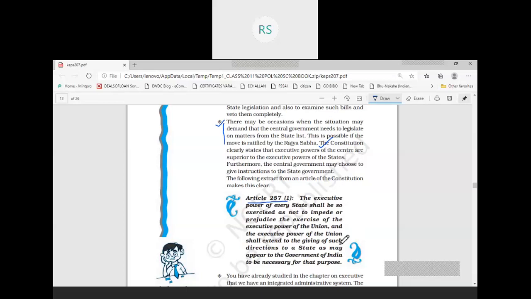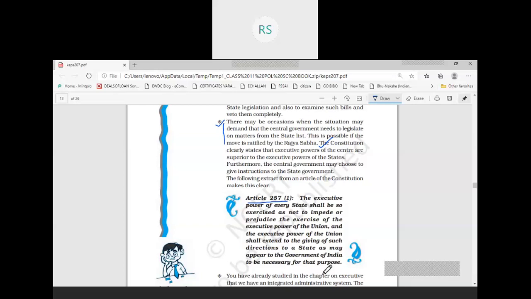And the executive power of the union shall extend to the giving of such direction to a state as may appear to the government of India to be necessary for that purpose.